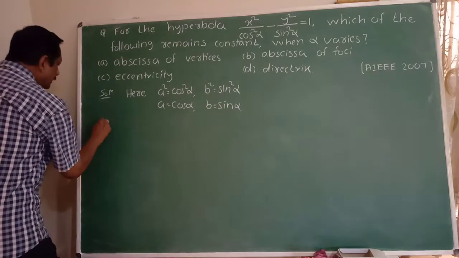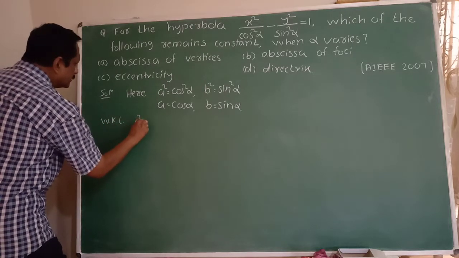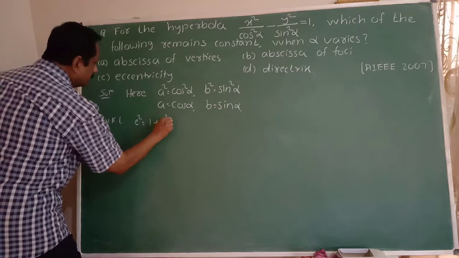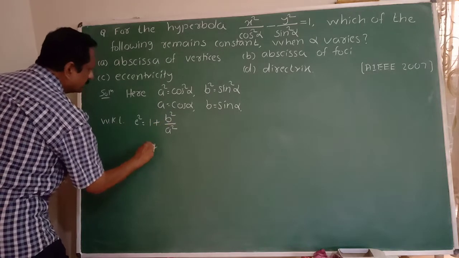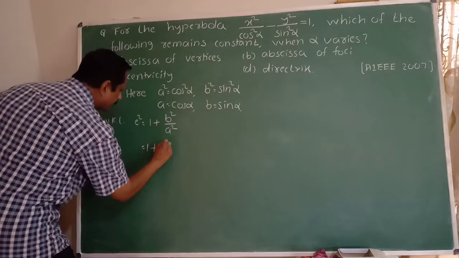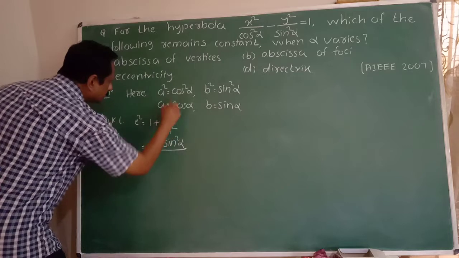Then we know the formula, e square is equal to 1 plus b square divided by a square here. 1 plus b square is sin square alpha divided by a square is cos square alpha.